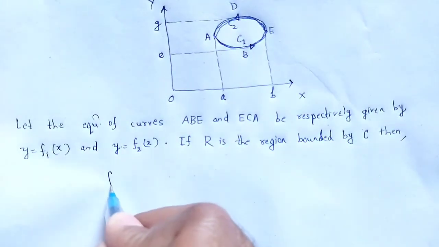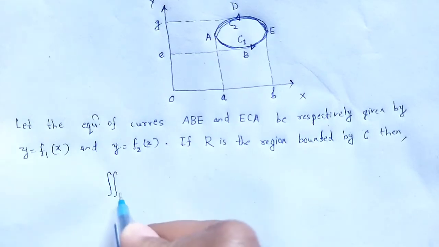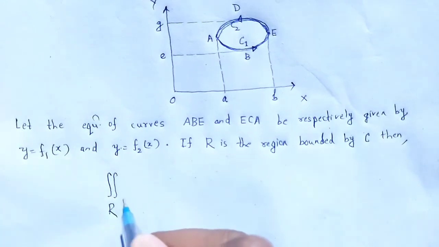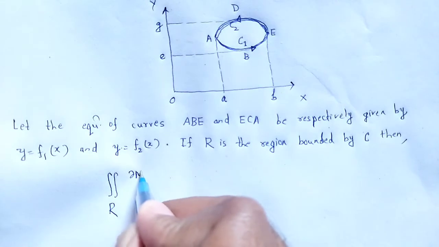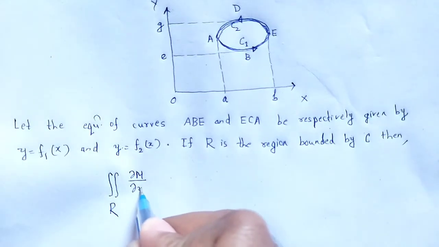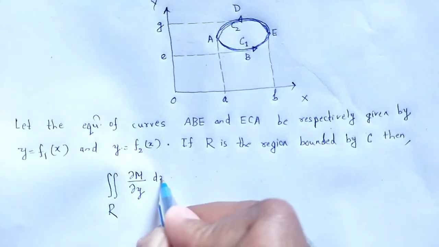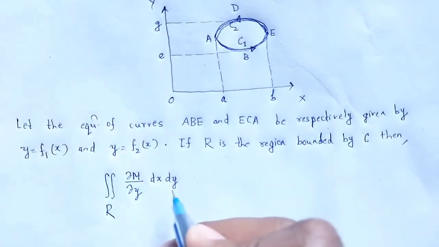the double integration, that is the surface integration over region R, of ∂M/∂y dx dy.